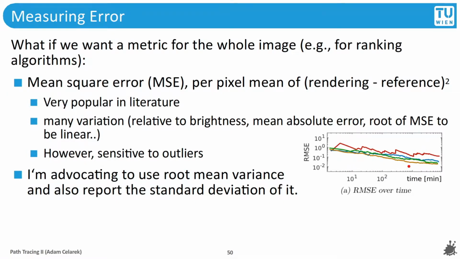And if we have no outliers, these lines should be smooth. However, the jumps are outliers, and so it would be hard to choose a fair rendering time for comparison. So, for comparisons, I'm advocating to use the root of mean variance, where the variance is estimated per pixel.